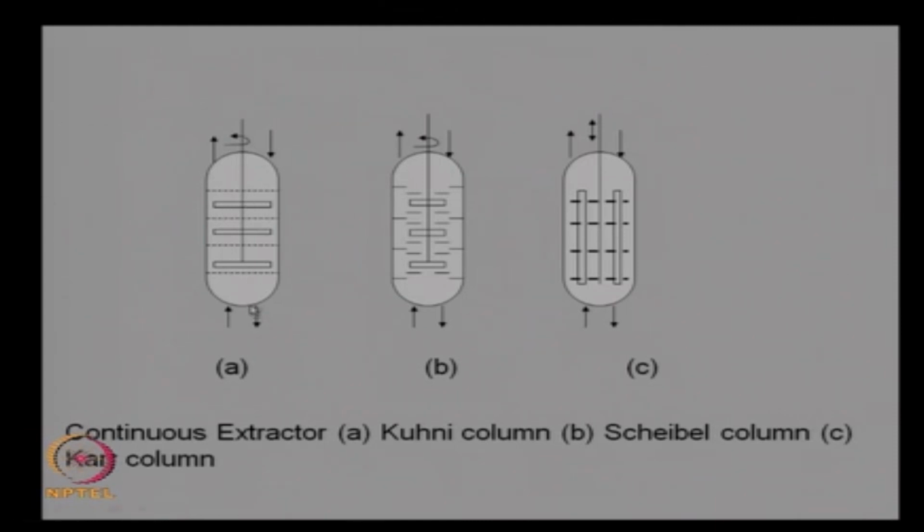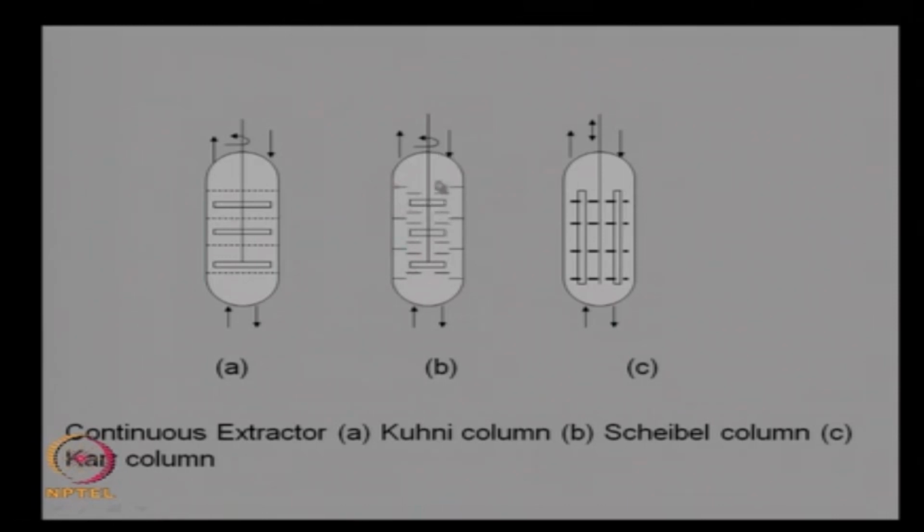So you can move the solvent from the bottom up or from the top down depending upon the density of the solvent with respect to your fermentation broth. The next design is called a Scheibel column. So instead of sieve plates you are partitioning the column into several stages.